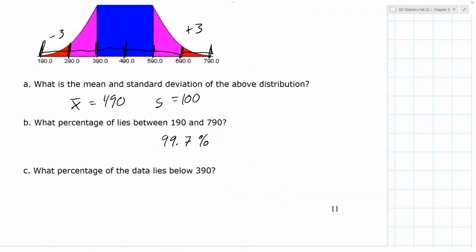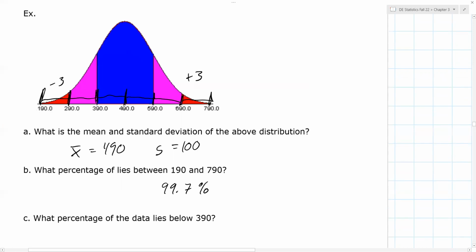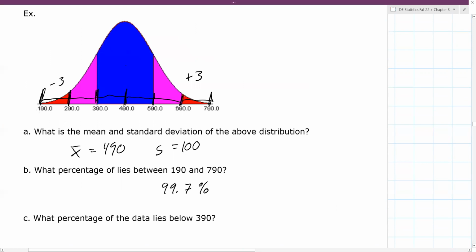Next, what percentage of the data lies below 390? There are a couple of different ways to look at this one. The first one, I think the easiest, is this: if I'm looking at a below, I'm going to cut off as much as I can as early as I can. So I'm going to split this in half, and I know I'm not talking about any of the data up here.